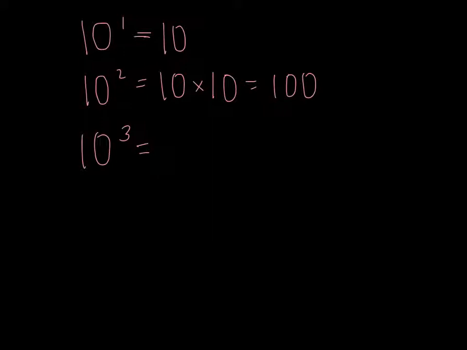10 to the third power, or 10 to the power of 3, also has another name. It can be called 10 cubed. And once again, I'm going to look at my base number first. The base number is 10. So 10 is the number that I'm going to write. The exponent is 3, and it tells me how many times to write it.